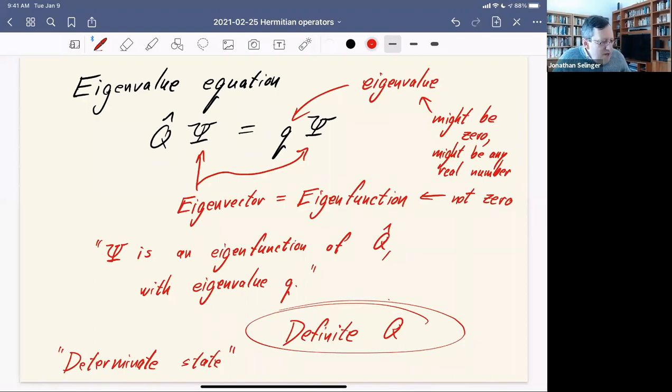Now I'm sitting here speaking as if you know what I'm talking about with eigenvalues and eigenvectors. But I should probably get some feedback from you guys because I'm never quite clear on what the math department has taught people.